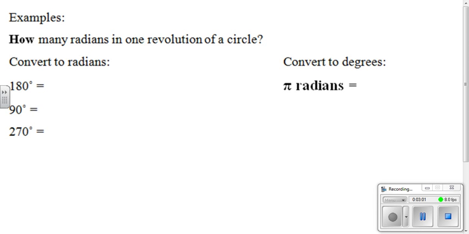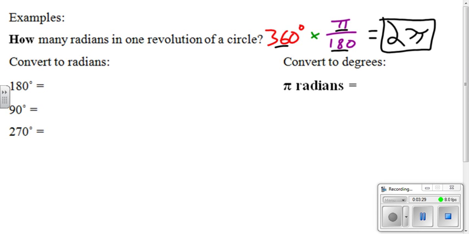So if we want to look at how many radians are in 1 revolution of a circle, well, we know that there are 360 degrees in 1 circle. So we would multiply that by pi over 180, in which case 360 over 180 comes out to 2 pi.